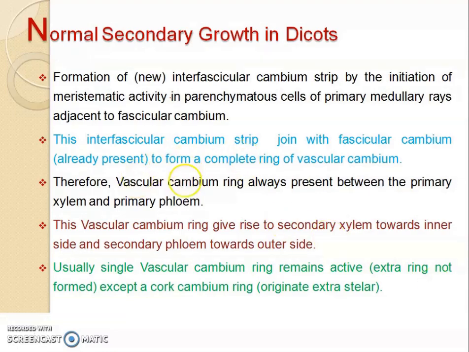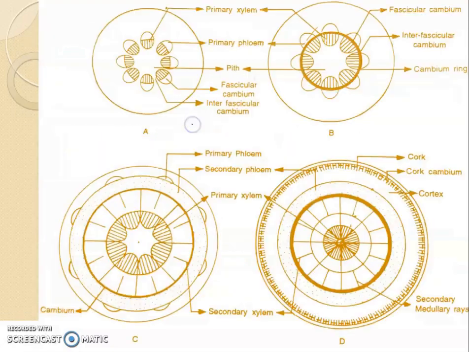So normal secondary growth in dicot plants is characterized, first, by the formation of an interfascicular cambium strip by the initiation of meristematic activity in parenchymatous cells of primary medullary rays adjacent to the fascicular cambium. These are some normal steps in the secondary growth.